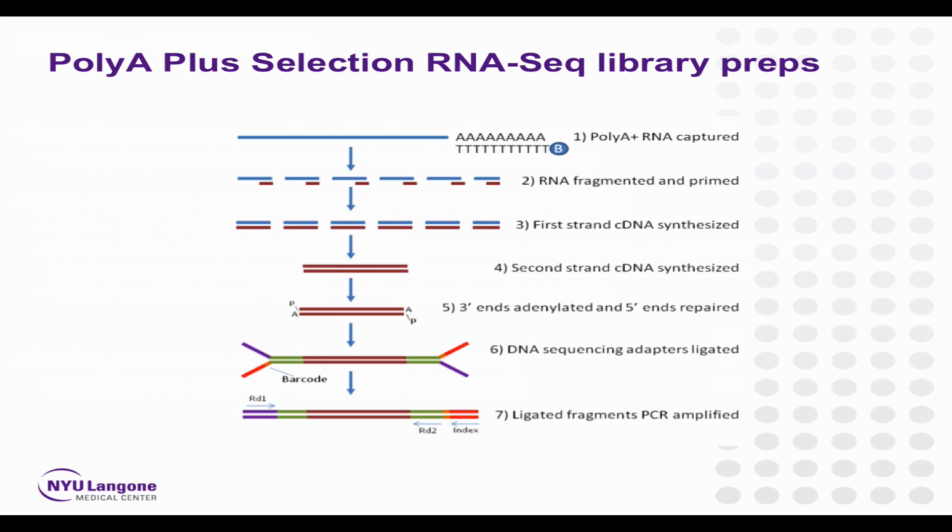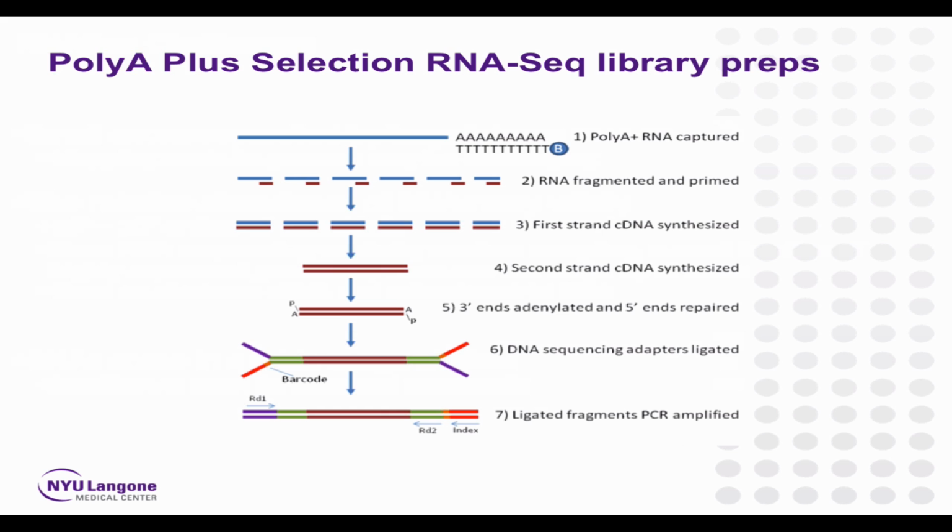And then a first-strand cDNA synthesis occurs and second strand cDNA synthesis. This is similar to all the procedures that you do in the lab. And then at that point, we have to repair the ends of the molecule and add an additional A. This is traditional in all Illumina preps. For preps with other machines, it's a little bit different.